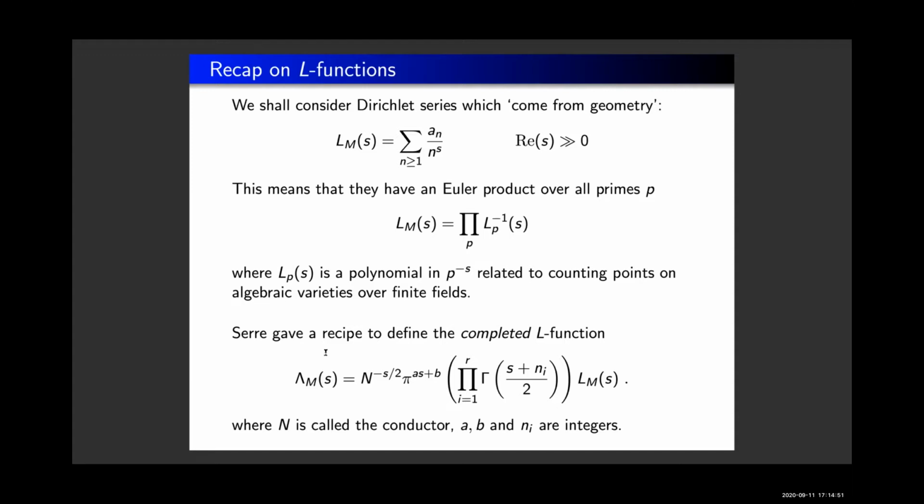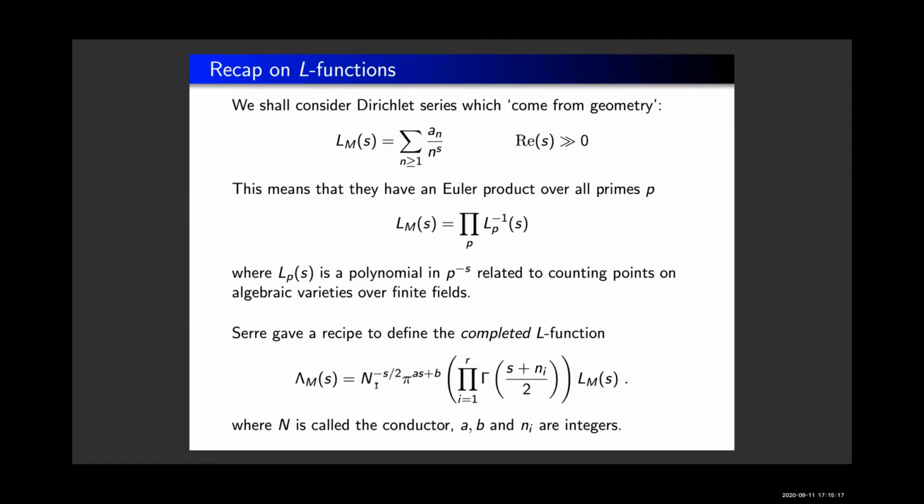And what you can do is complete it. The L function on its own doesn't have great properties, but you complete it to a function called lambda. You do that by multiplying by a certain number of gamma functions, which are called gamma factors. You might want to multiply by some power of pi, and then some integer N to the minus s over 2.